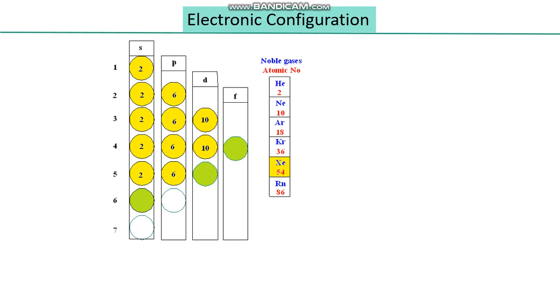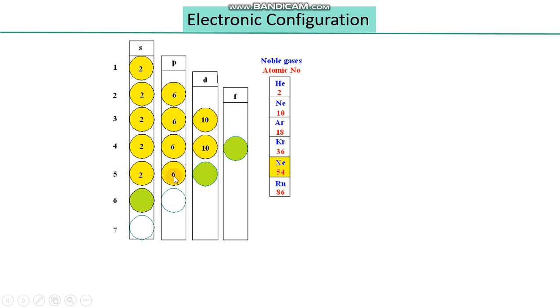Now coming toward electronic configuration, you already know about the electronic configuration of lanthanides. In this slide, let's focus on the yellow portion of the diagram. First the electron enters into 1s, then 2s, then 2p, 3s, and accordingly the electronic configuration follows the rules.